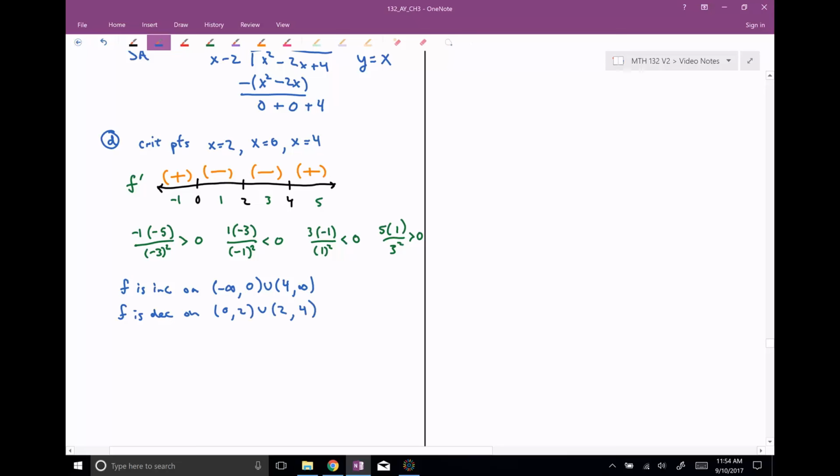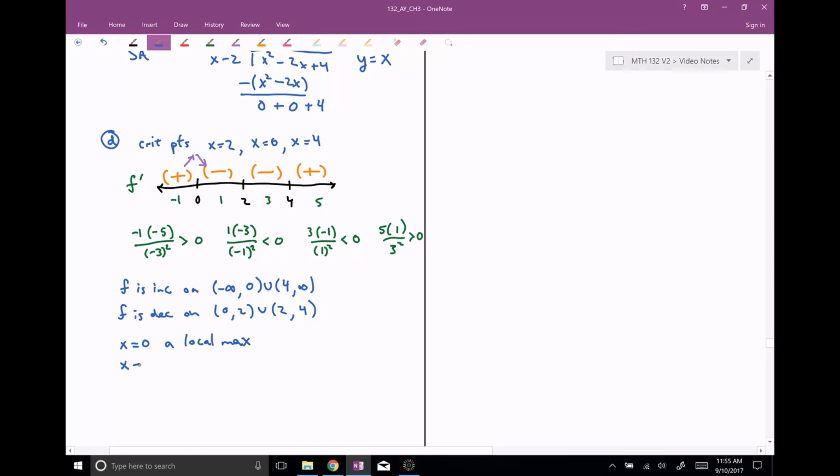That's where the derivative is negative. Okay, critical points, let's classify those things. So at x equals 0, we have, let's see, it switches from increasing, that's a positive derivative, to decreasing. So therefore at 0, we have a local max.